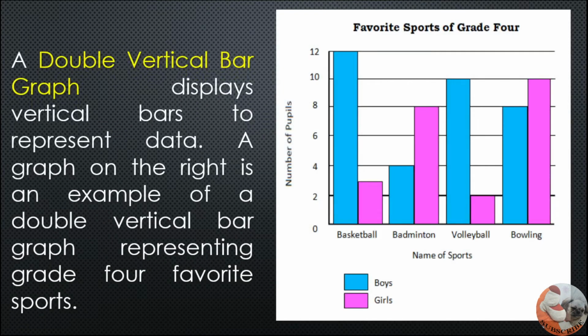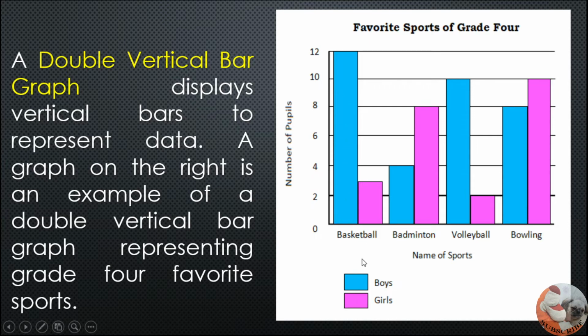A double vertical bar graph displays vertical bars to represent data. A graph on the right is an example of a double vertical bar graph representing grade 4 favorite sports. So this is a double vertical bar graph because it represents two data.